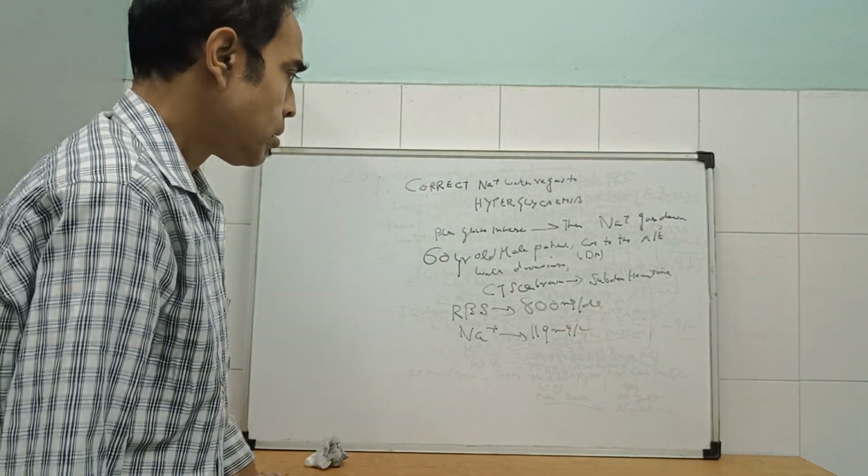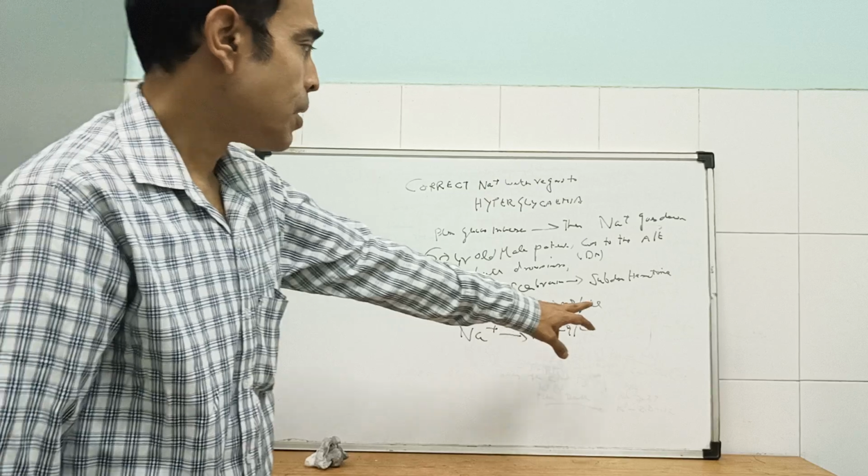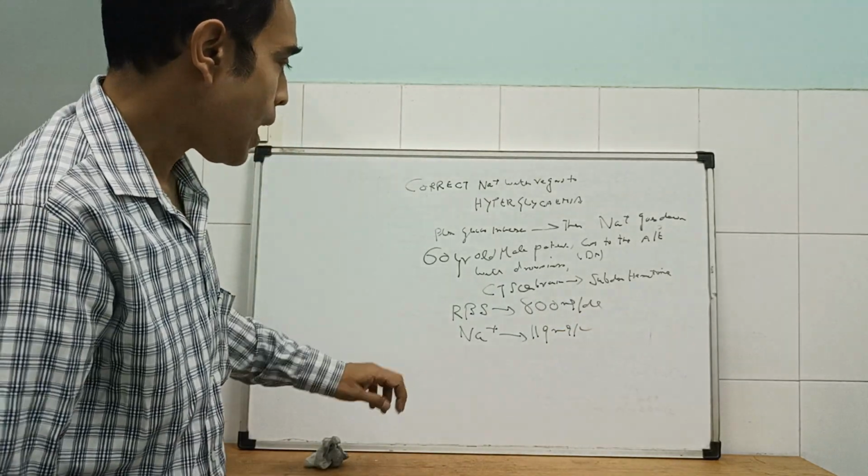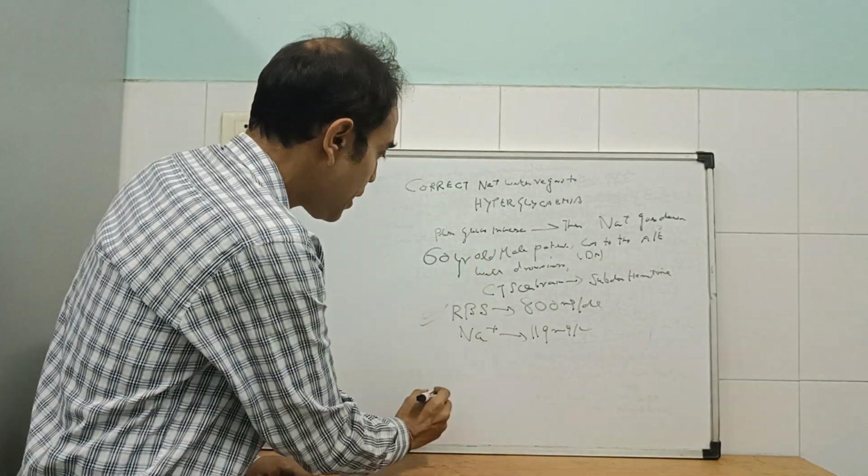So here is a patient who is having a subdural hematoma, along with the RBS very high and the sodium low.